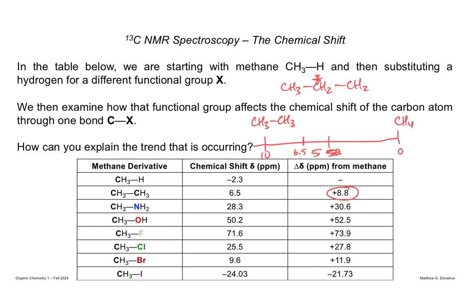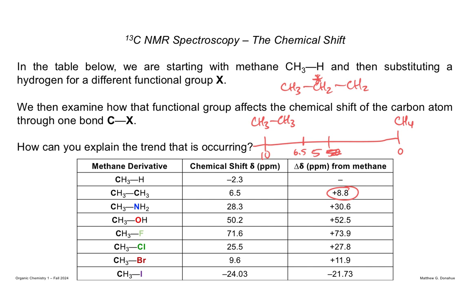If you look at this next series, entries 3, 4, and 5, you're now putting heteroatoms in. What's the chemical shift trend here doing? So it's increasing, so further away from 0.